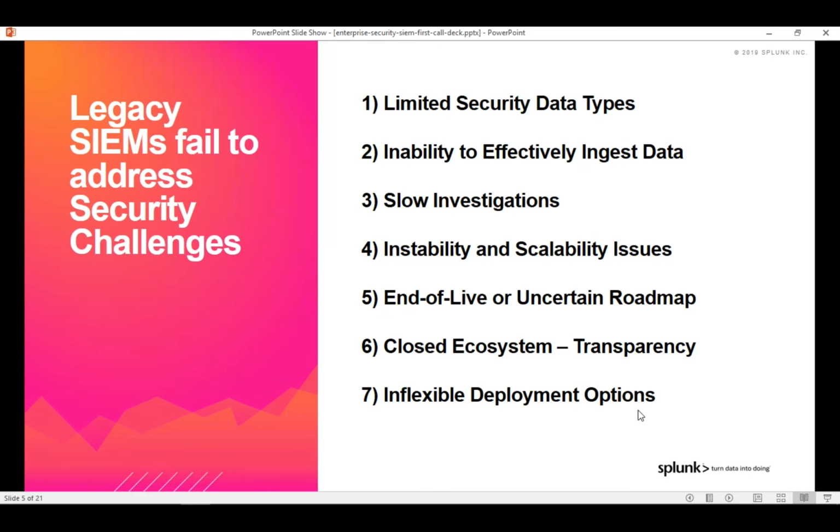Now, on integration, any solution that an organization is purchasing, they want it to work with the existing infrastructure.